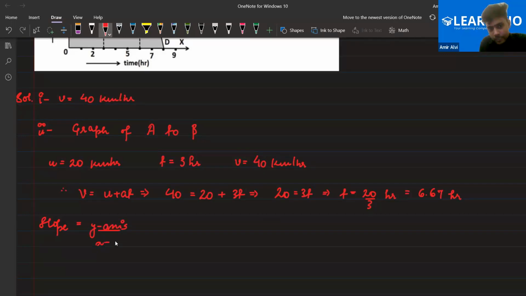Another method using the slope method: slope is y-axis divided by x-axis. So it would be the velocity at B minus the velocity at A, divided by the time taken, sorry, it's AB. Sorry, my bad.